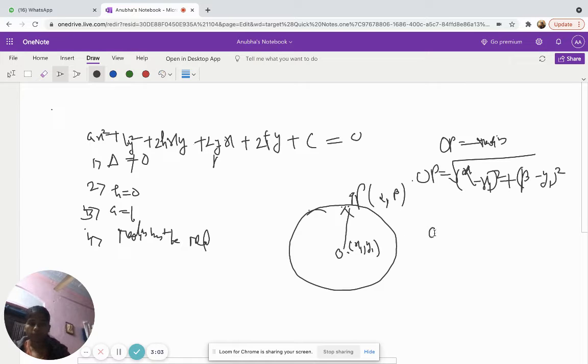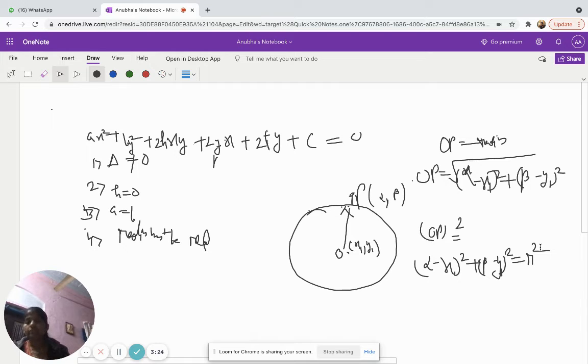So OP square is (alpha minus x1) whole square plus (beta minus y1) whole square equal to r square, because OP is simply the radius of the circle, and alpha comma beta is some variable point.